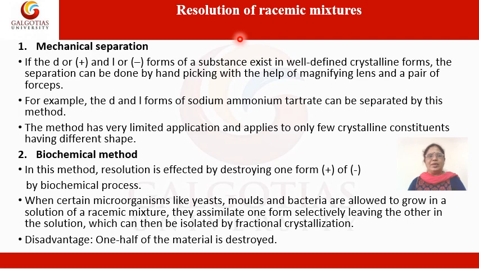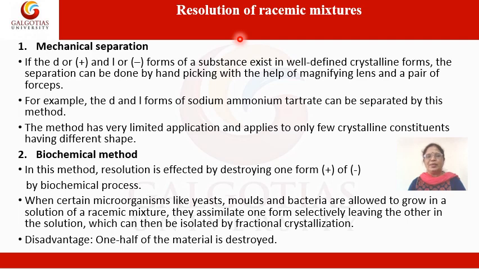If the dextro and levo forms of the substance exist in well crystalline forms, then the separation can be done by this method. That means the dextro and levo forms should have different crystalline forms, and in that case we can pick up the crystals from the mixture with forceps using a magnifying lens.